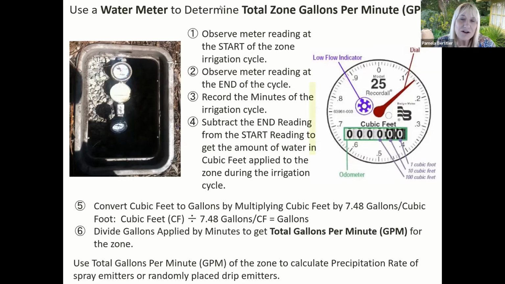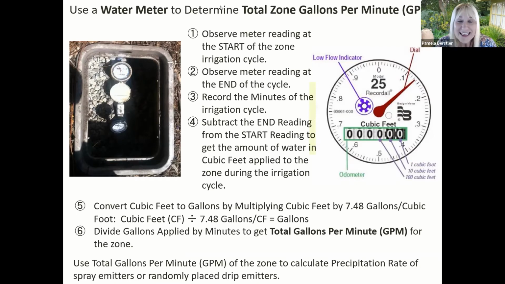Can't be easy, right? So you are going to have to convert that to gallons.